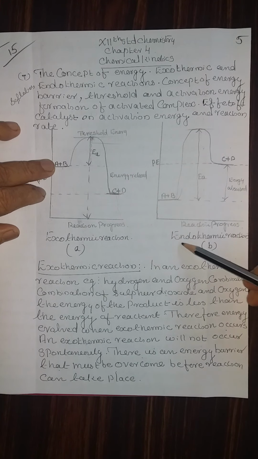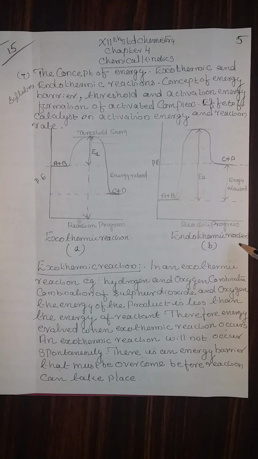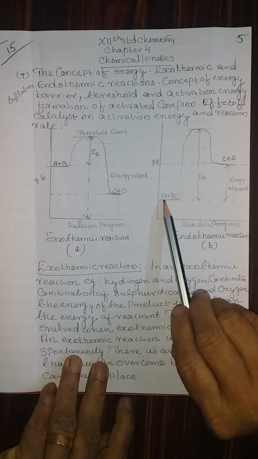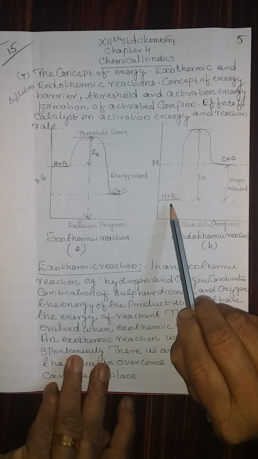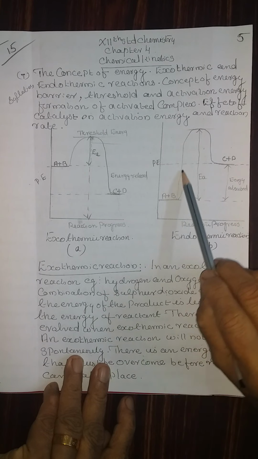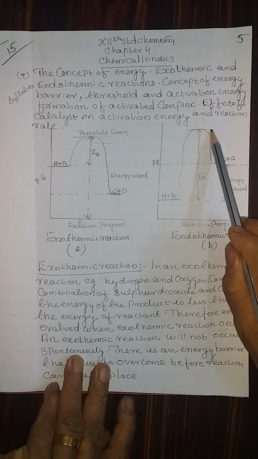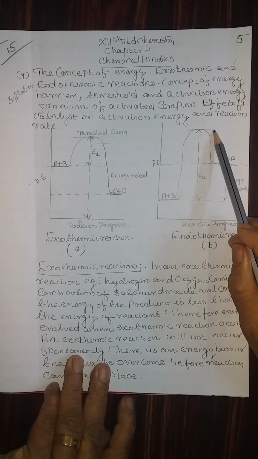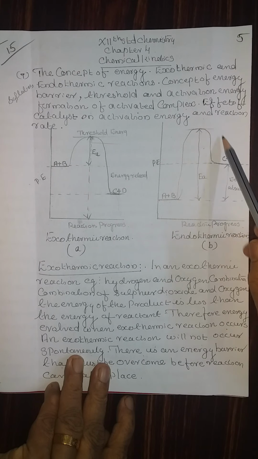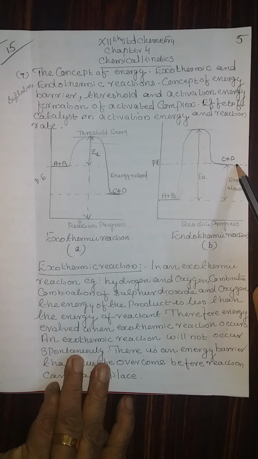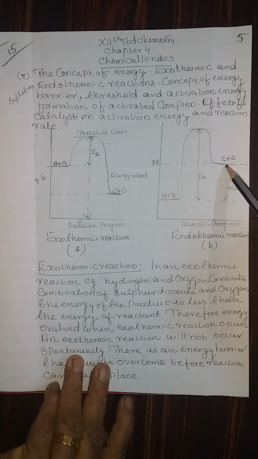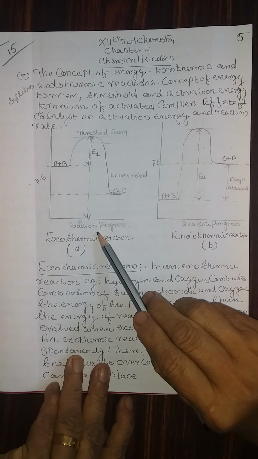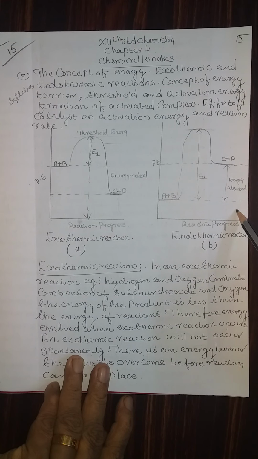In the case of endothermic reaction, the reactants have an amount of energy from here to here. The reactants acquire a certain amount of energy, that is threshold energy, in order to convert into product. The product has a higher energy than the reactant. That is the difference between exothermic and endothermic.